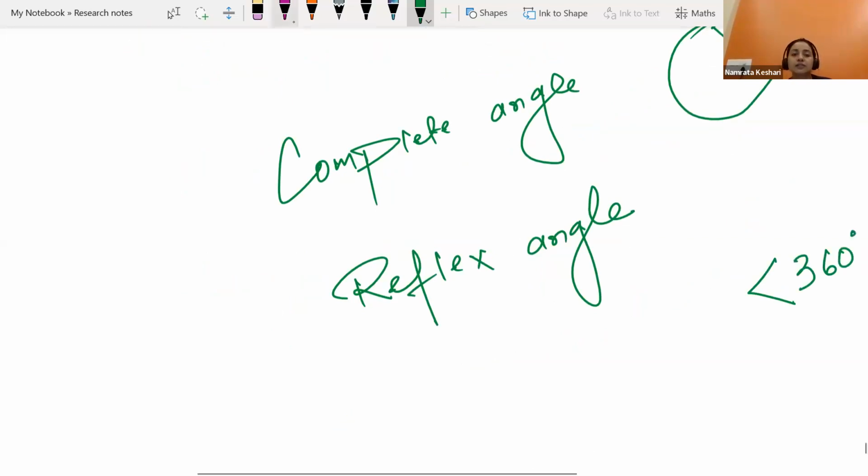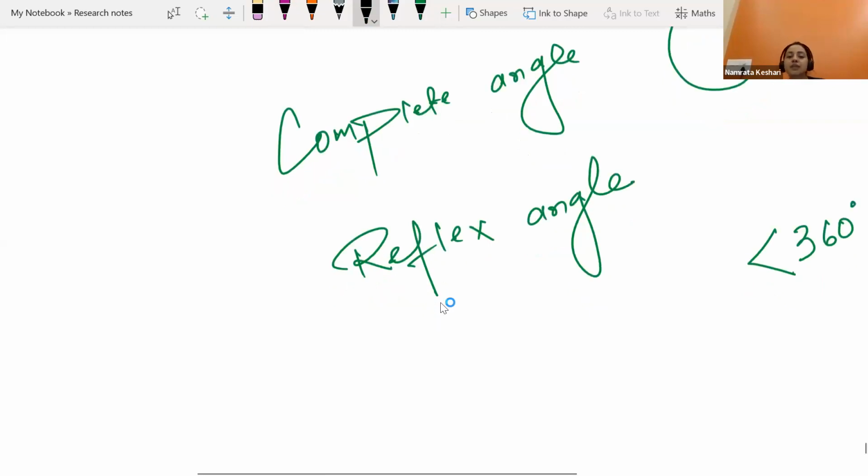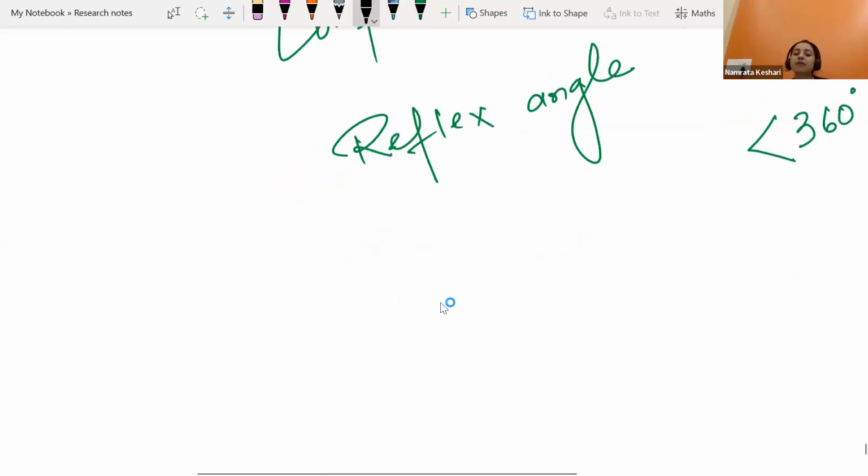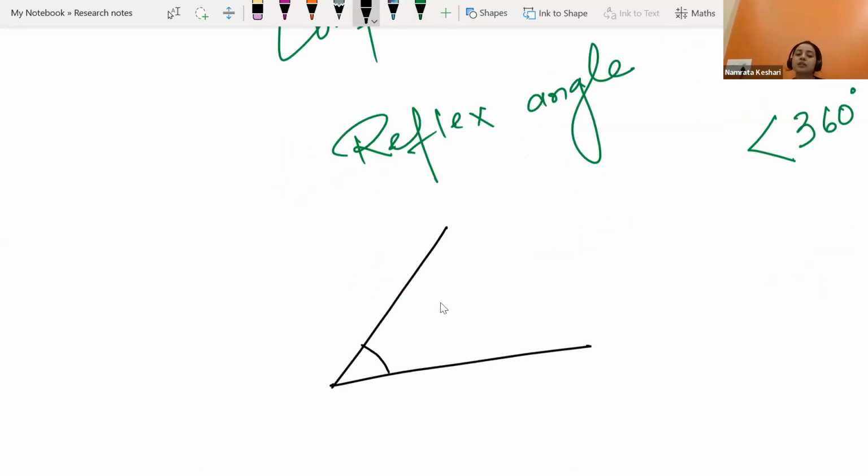Okay, let's see how to get the reflex angle. Whenever we have an angle, suppose this angle is 80 degrees, PQR.